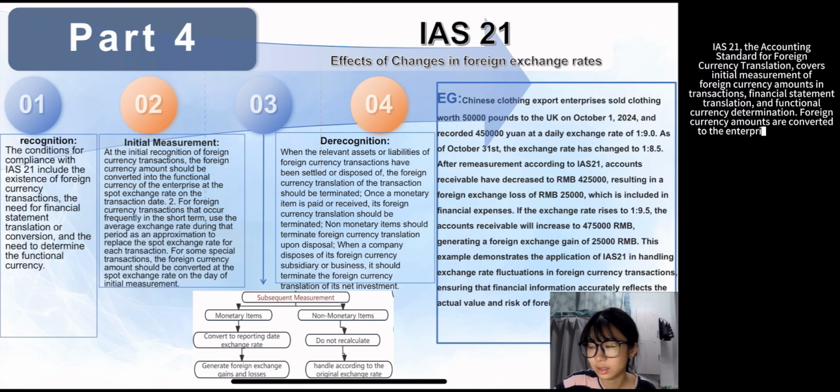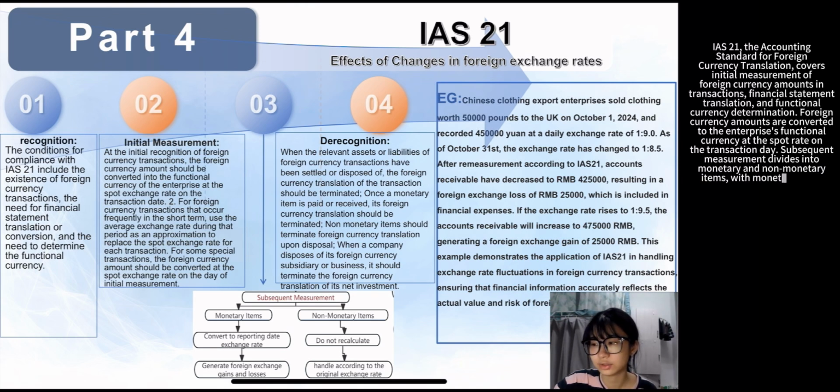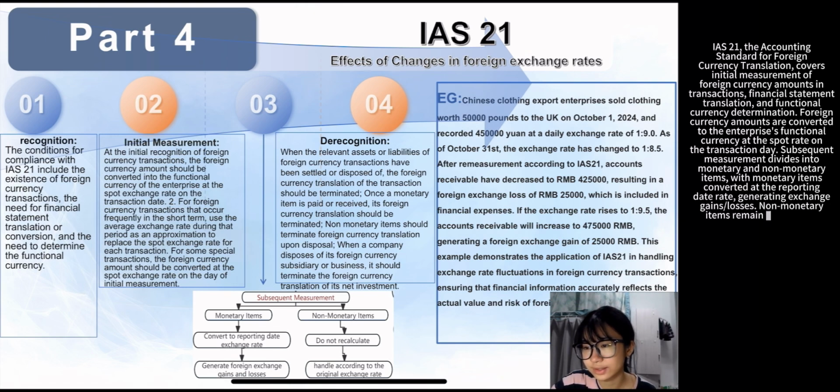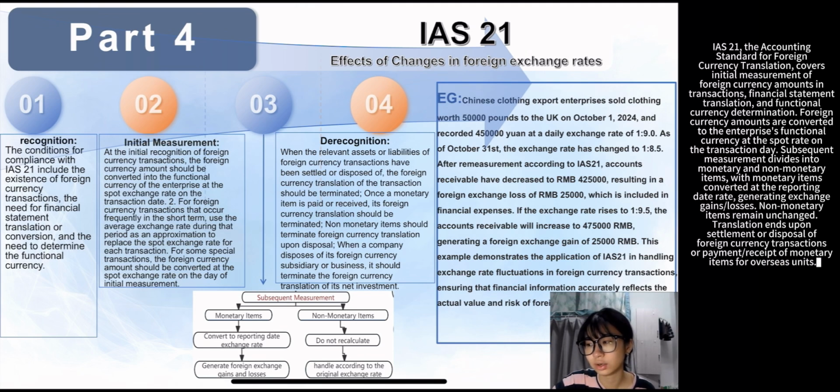Foreign currency amounts are converted to the enterprise's functional currency at the spot rate on the transaction day. Subsequent measurement is divided into monetary and non-monetary items. Monetary items converted at the reporting day's rate generate exchange gain or loss. Non-monetary items are carried at the historical rate.